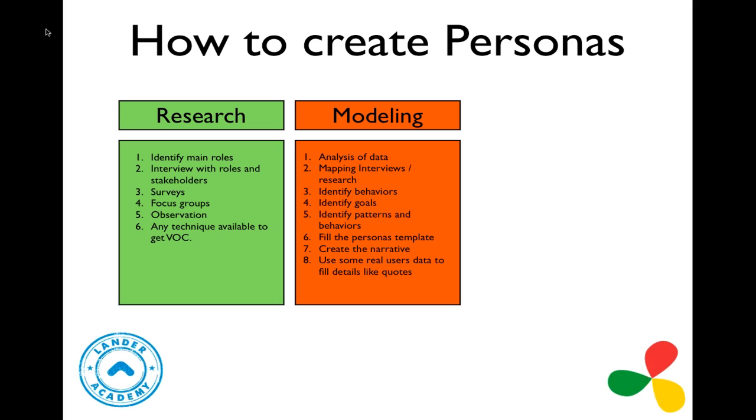So when someone does something and says why he or she does it, you identify this as a behavior. And behaviors get together to identify patterns. You see, okay, this role, I identify 3, 4, 5 different patterns. This is going to be the core of your personas.